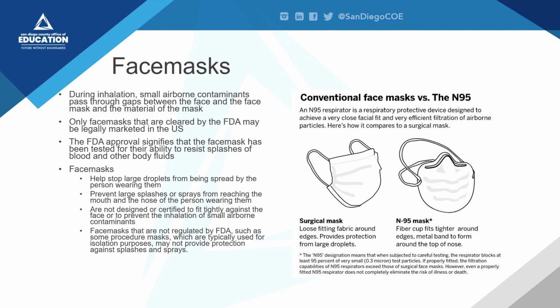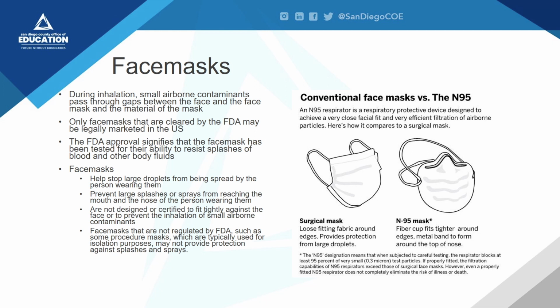Surgical mask: loose-fitting fabric around the edges, provides protection from large droplets. N95 mask: fiber cup fits tighter around the edges, with a metal band to form around the top of the nose. The N95 designation means that when subjected to careful testing, the respirator blocks at least 95% of very small 0.3 micron test particles.